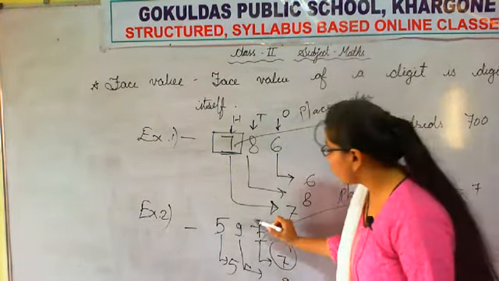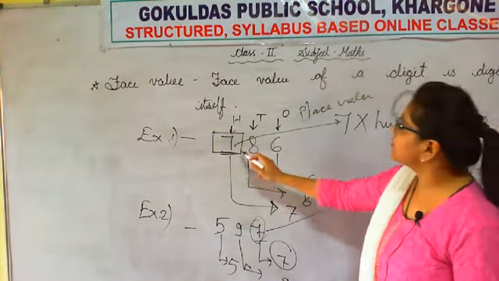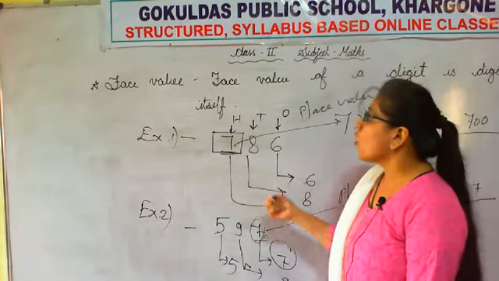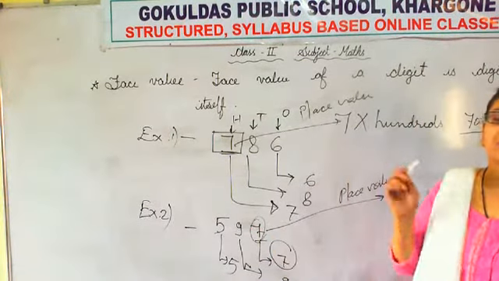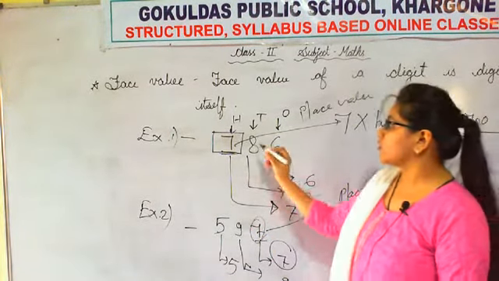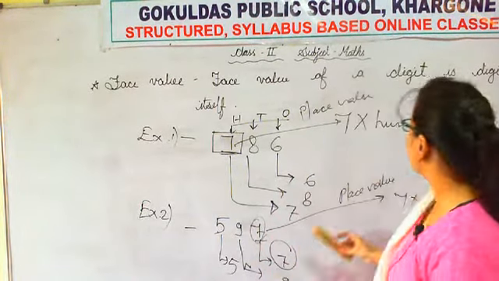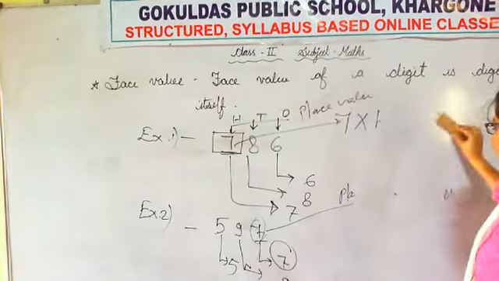So the place value of 7 in this number is 7, and the place value of 7 in this number is 700, but the face value of 7 in both the numbers is 7 because face value does not depend on its position. Okay. So I hope now you understood place value and face value.